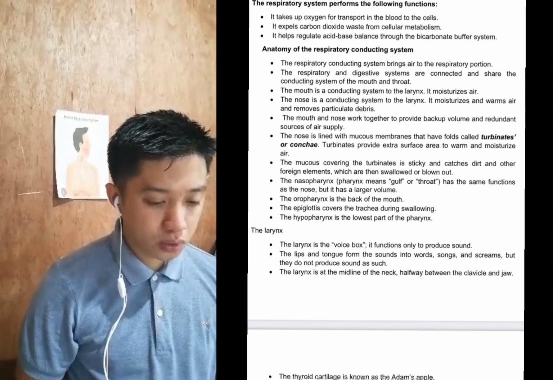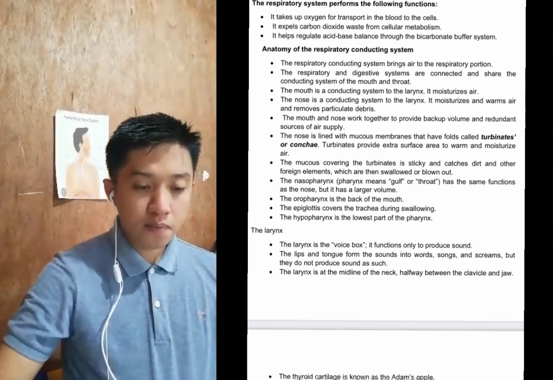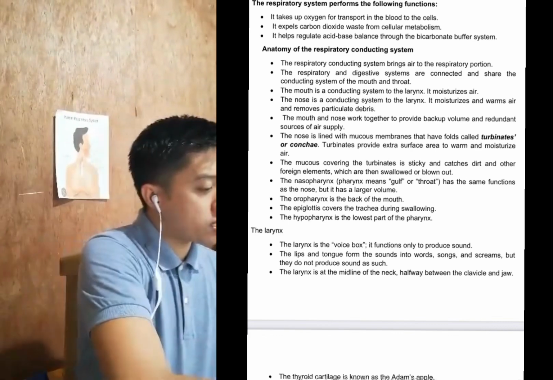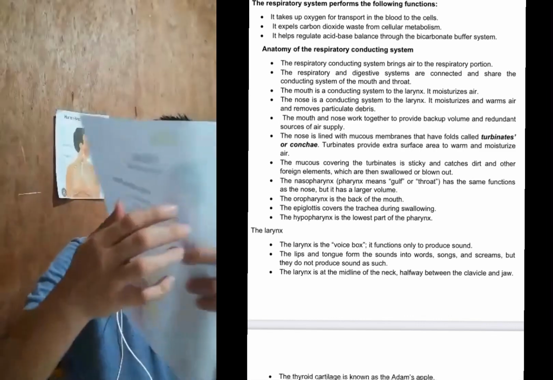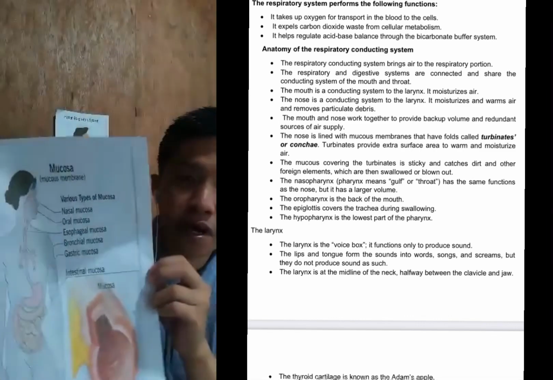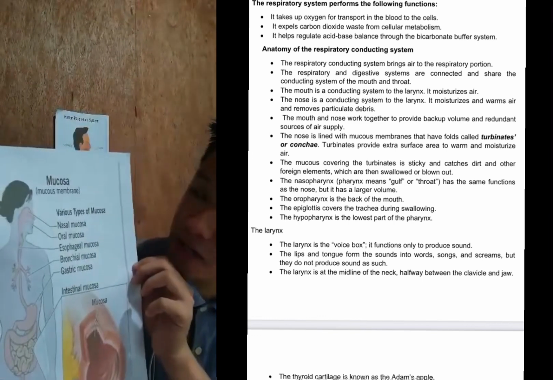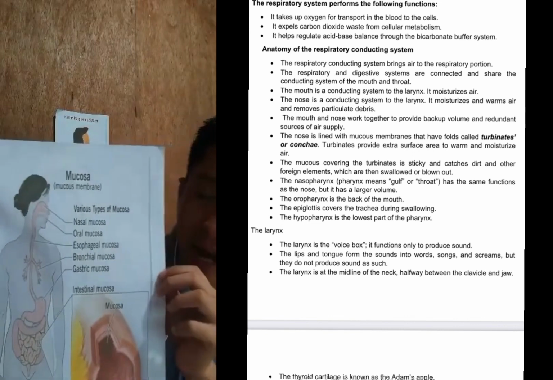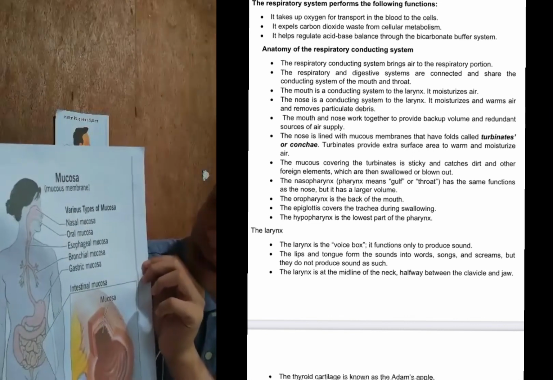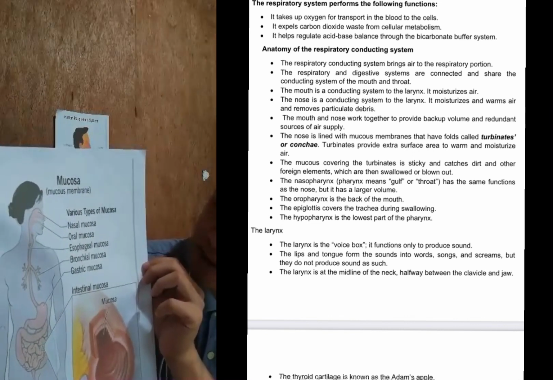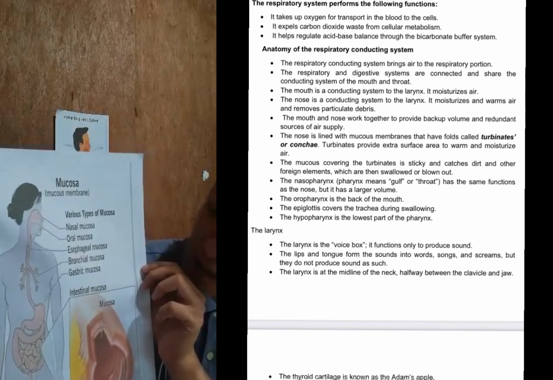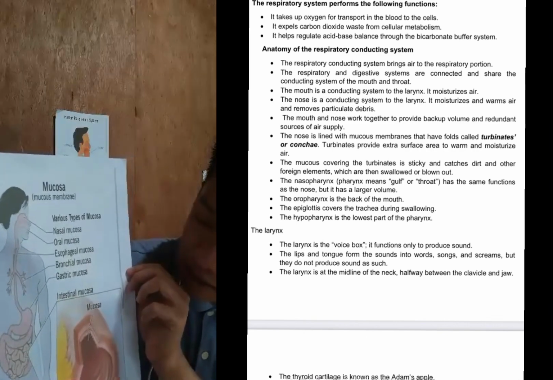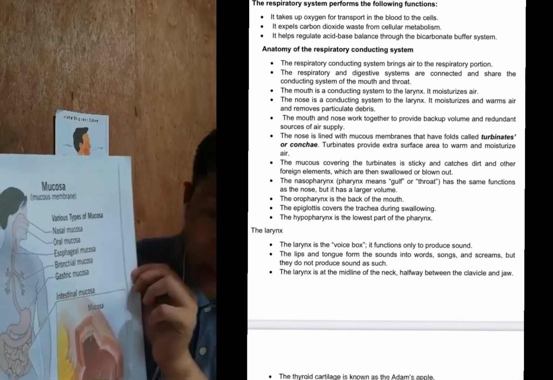So we have the mucous membrane or the mucosa. There are various types of mucosa: the nasal mucosa, oral mucosa, esophageal mucosa, bronchial mucosa, gastric mucosa, and also intestinal mucosa.